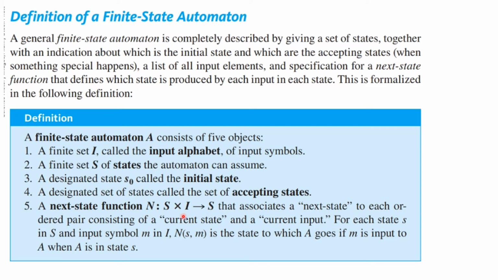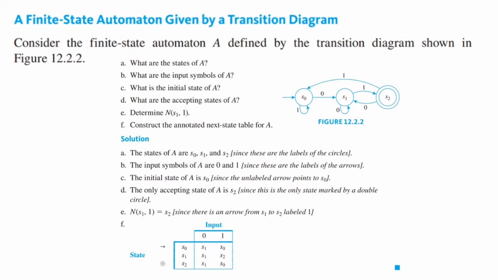It takes your state and your input and maps it to the states. So this is how you move from one state to another. So these are the 5 things that make a finite state automata, or a finite state machine. So we can talk about transition diagrams, and we can also talk about transition tables.